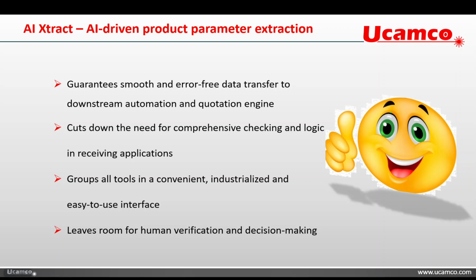It also guarantees a smooth and error-free data transfer to the systems downstream, as we said. Because we are doing quite a lot of checking and making sure that the data that goes out from Integr8tor is clean, this reduces the need for all the checking and validation of the incoming data on the next system.